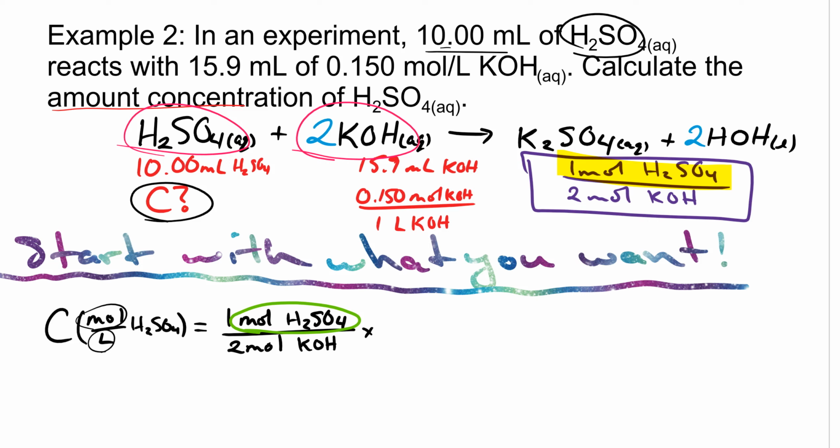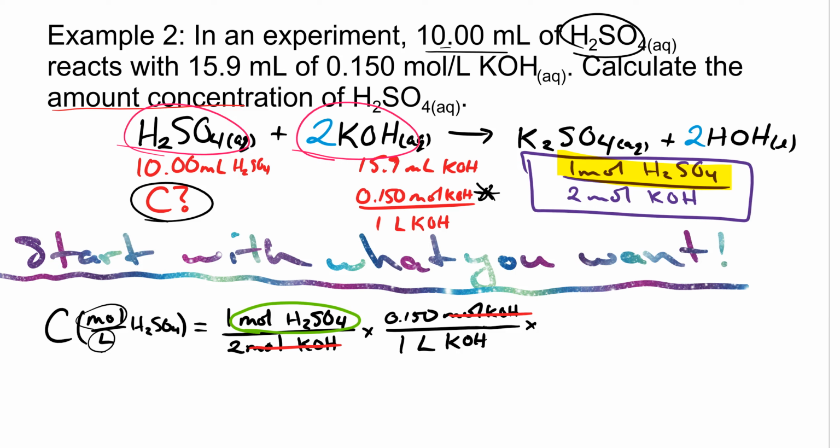Well, I have to multiply by the concentration of potassium hydroxide, 0.150 moles of KOH per 1 liter of KOH. Perfect. So what's happening here is my moles of potassium hydroxide are canceling out. I'm left with liters of potassium hydroxide.